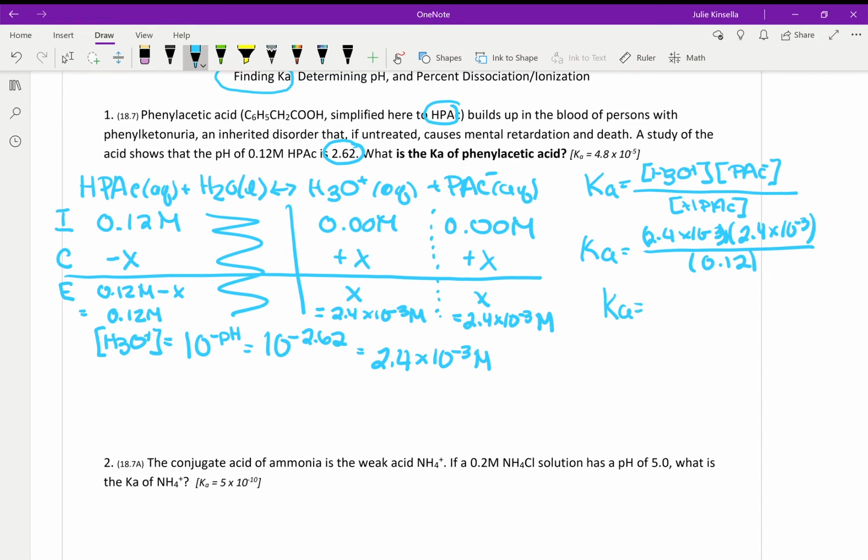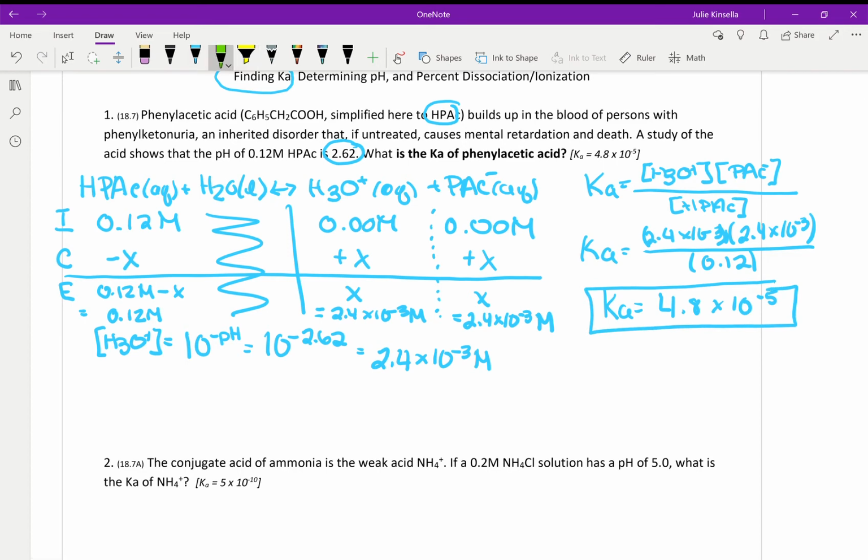When we plug that in, keeping with the two significant figures, we get 4.8 times 10 to the negative 5. Just remember K is unitless, so we don't include any units with that. So that would be our final answer.